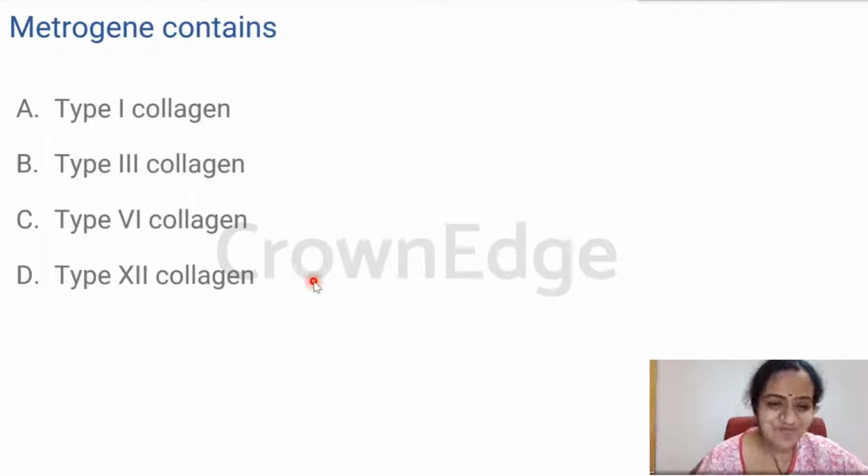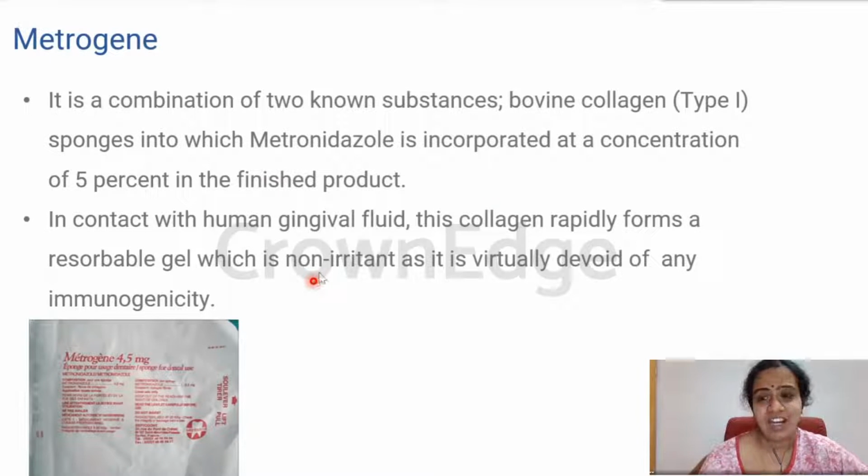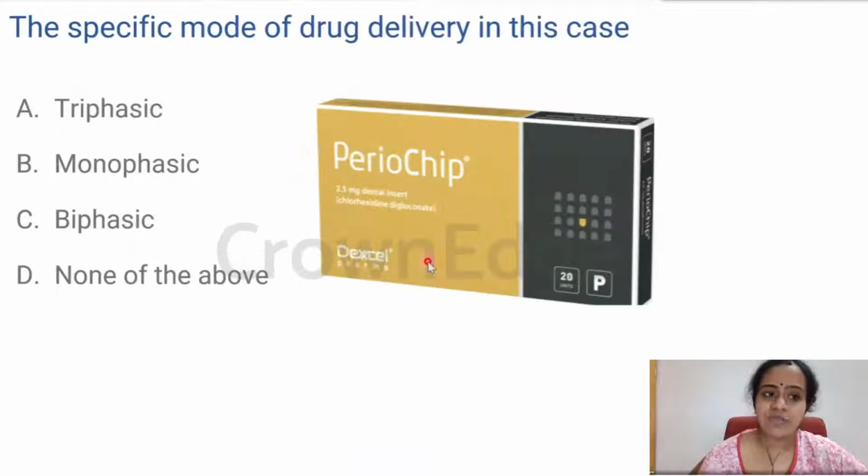Yes, that's right. Even before any of you tried to answer this, I had given out the answer. It's the most common type of collagen, obviously. So Metrogene consists of type 1 collagen, a combination of collagen type 1 and metronidazole. But it's 5% metronidazole, that's what you should note here. It is used as a gel in the subgingival region.